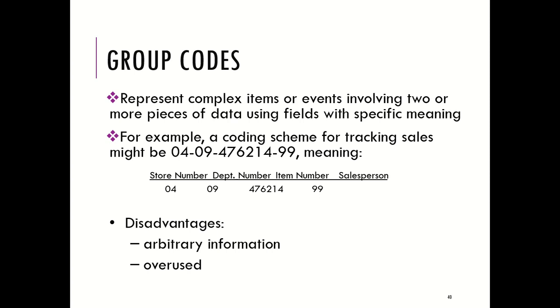Ayun. Kaya siya naging arbitrary din kasi somehow, if someone doesn't know yung sequencing natin doon sa group codes, then it doesn't make any sense at all. Okay? Pero na-overuse nga siya, as per increasing storage cost at saka nagpo-promote siya ng some clerical error and increased processing time and effort dahil nga dun sa mga combination natin in the group codes.